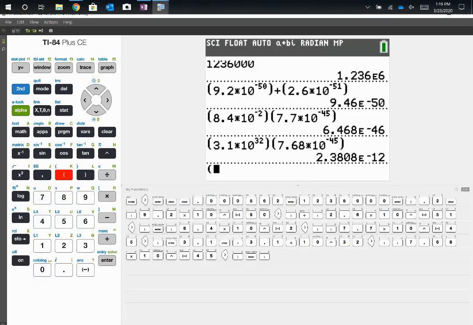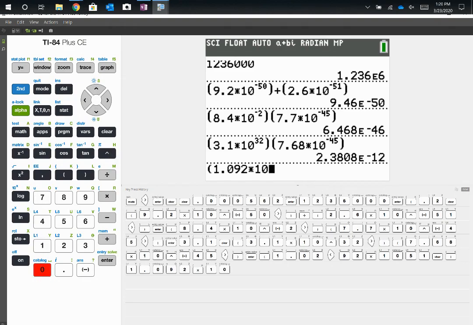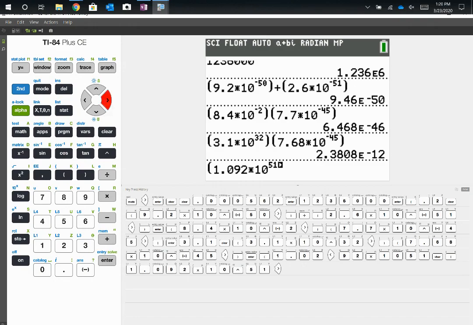So I'm doing the first division example, 1.092 times 10 to the power 51 divided by 9.1 times 10 to the power 13.